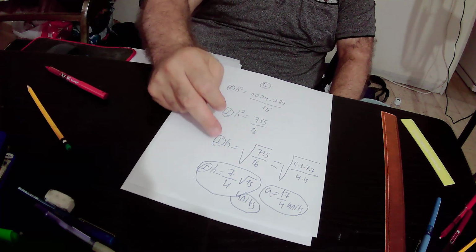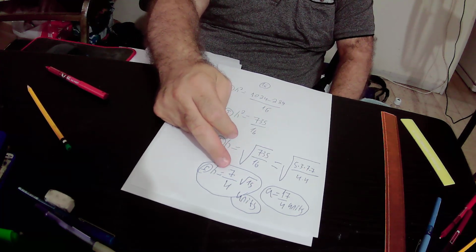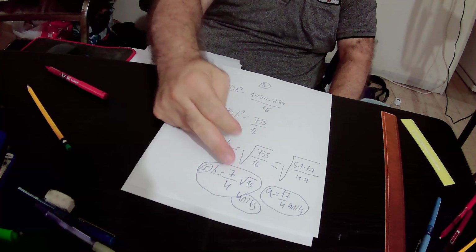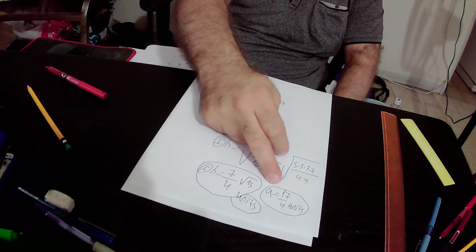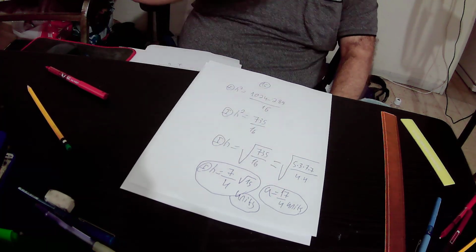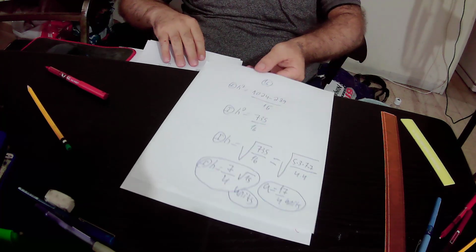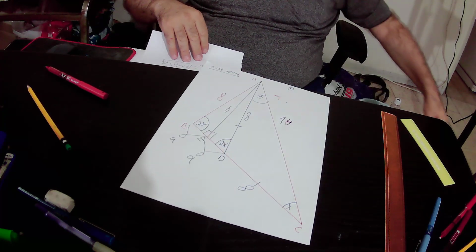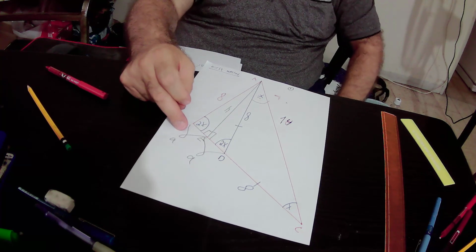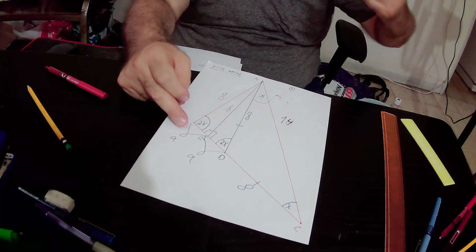So H equals 7 over 4 times root 15 units, and we have already found that A equals 17 over 4 units. So we know the value of A and we know the value of H.